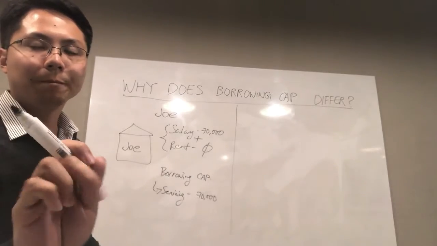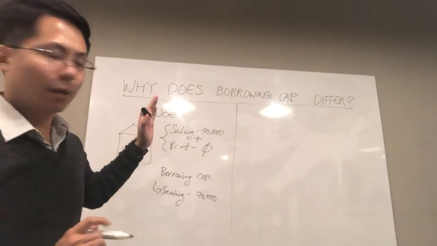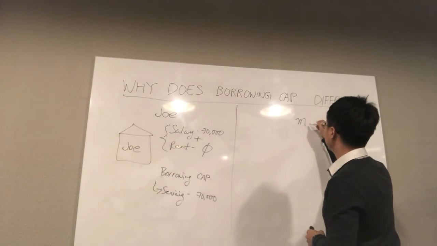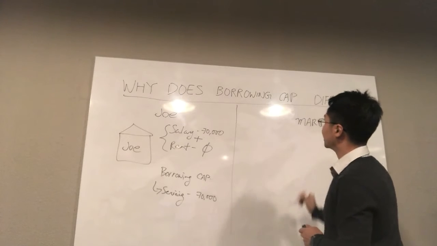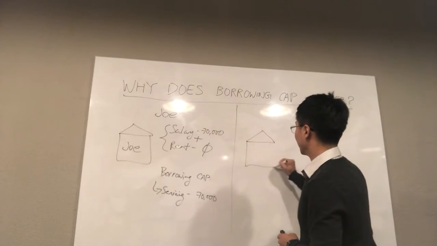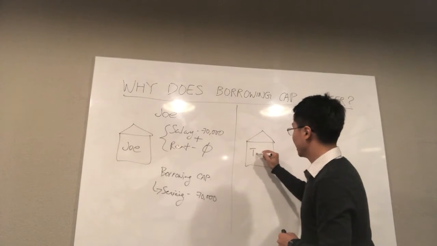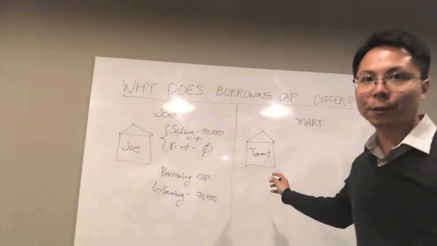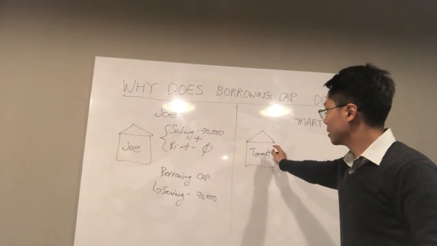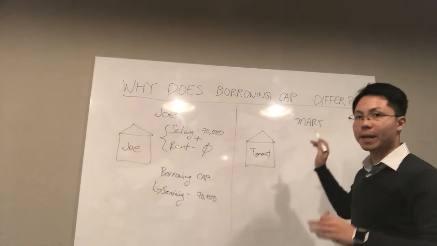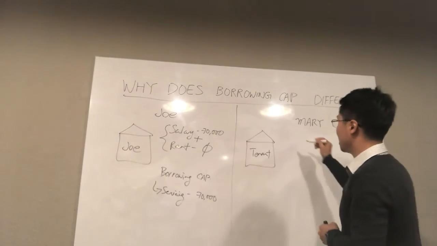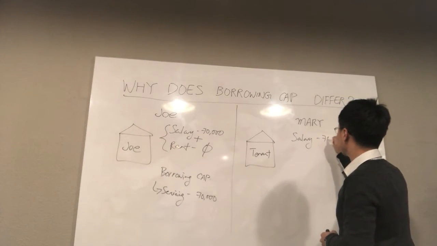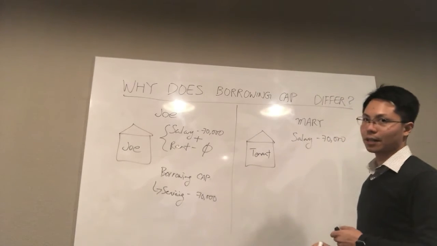Now, let's look at the other scenario, where we've got Mary, who is an investor and bought an investor property, and there is a tenant living there. Just to make it equal for everyone, Mary also earns $70,000 of salary income.